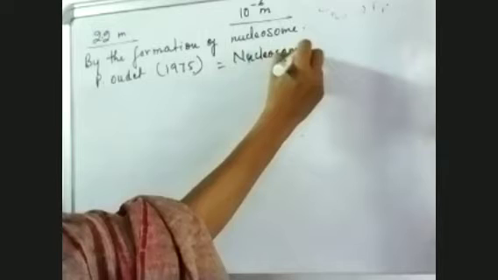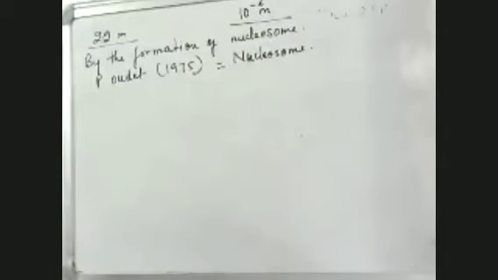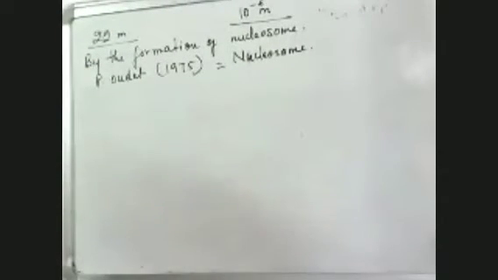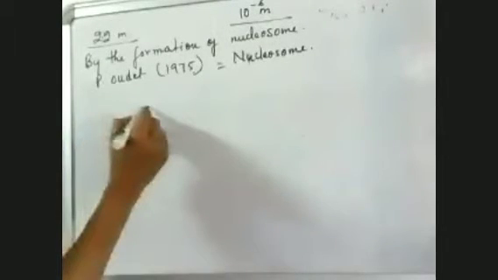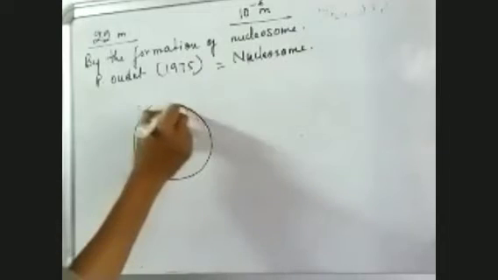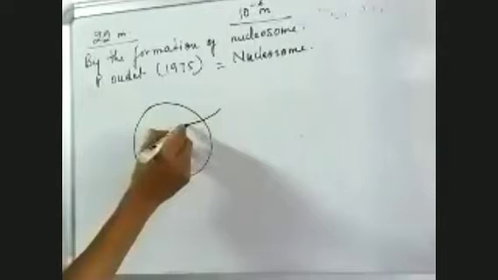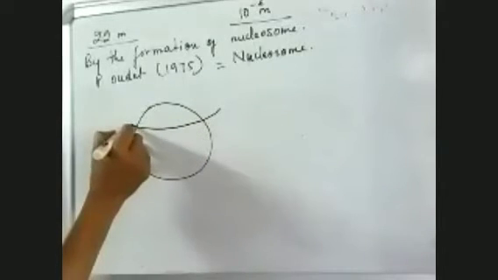Here is the formation of nucleosome, where I mentioned 10 raised to power minus 6. Nucleosome is the wrapping of DNA on a histone octamer. In the diagram, this is the histone octamer, and the DNA is wrapped around it.